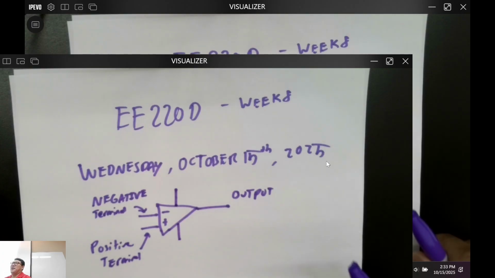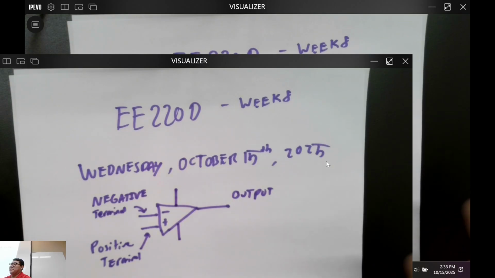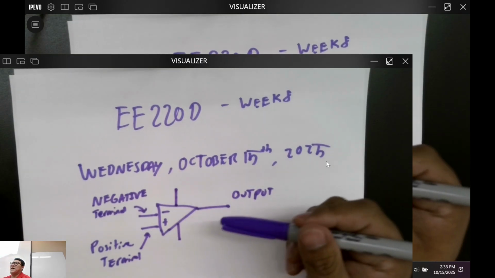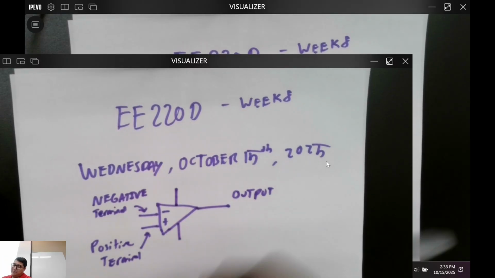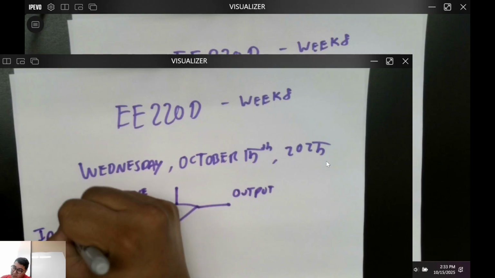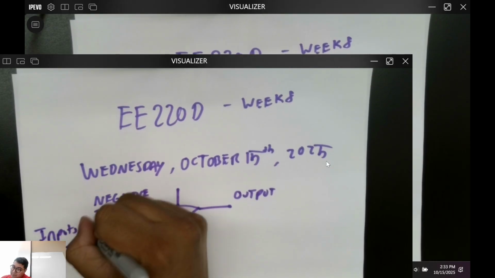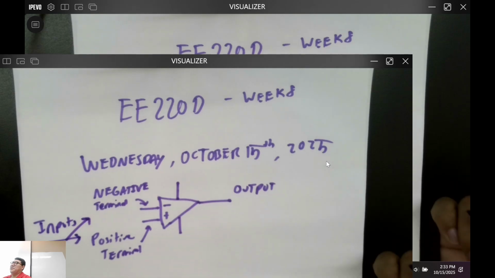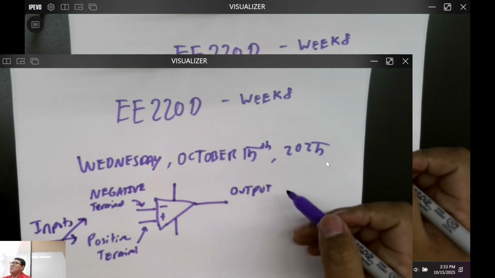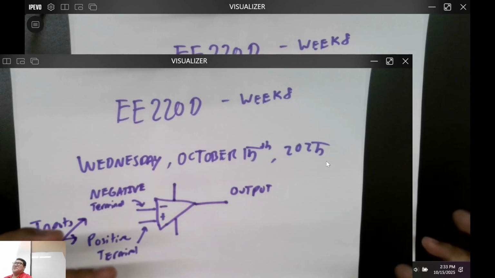Think of a charger, or some system that needs to be powered on. These are inputs, right? These are things that are going into your system, and this is your output, right? But it's just signals.